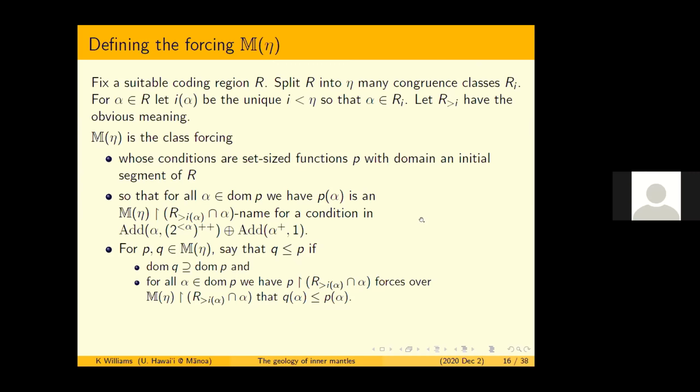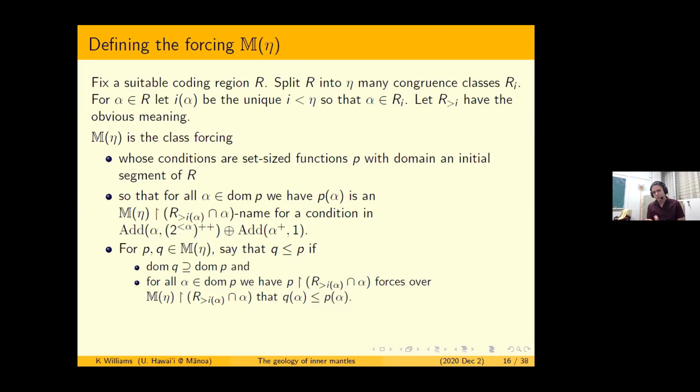Sorry, can I just ask a question? Yeah, go ahead. Just to make sure I understand this, is part of the intuition here that the coding region was really unimportant? So if you just cut it up into pieces and you have a smaller coding region, it really doesn't make a difference as far as the one step goes? Yeah, exactly. That's exactly the point. The coding region doesn't matter as long as you can still recover it in the extension.